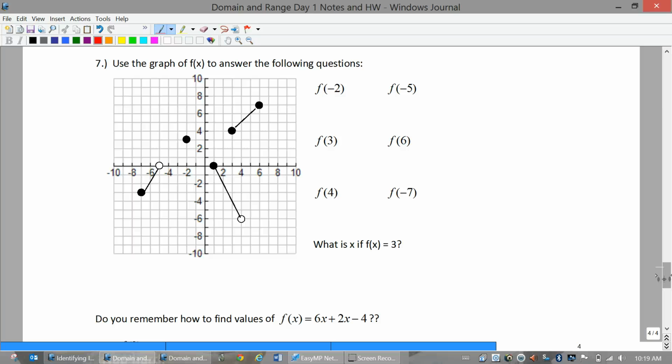All right, on this question, remember when we evaluated these f of things? What was actually inside the parentheses when we do this notation? That's what we plug into the equation, which is what we previously did. We put it into an equation for x.